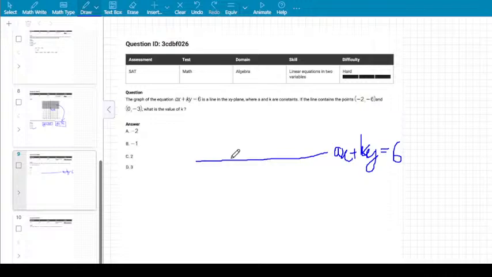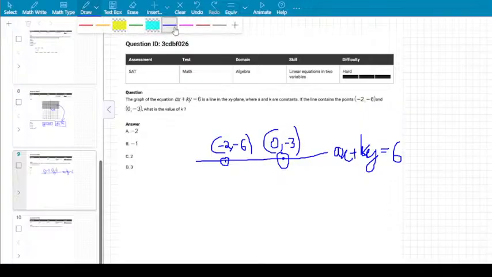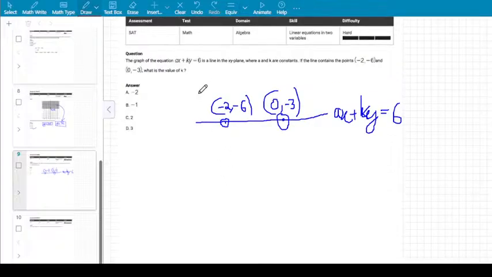And this line passes through these two points, minus 2 comma minus 6 and 0 comma minus 3. Okay. Then we have to find what is the value of k.